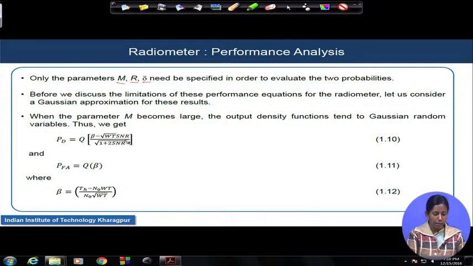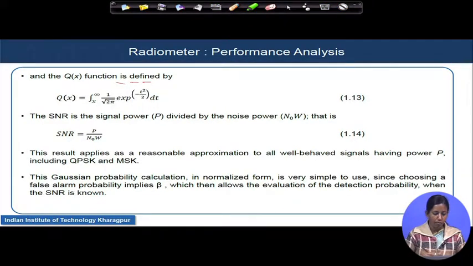And remember, the SNR we are writing here can be given as P by N0 W, where P is the signal power and N0 W is the noise power correspondingly.